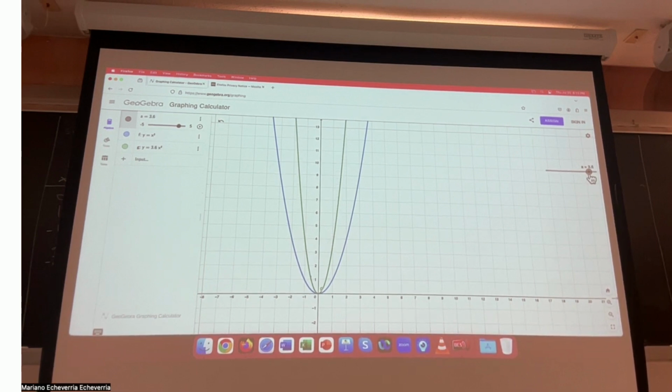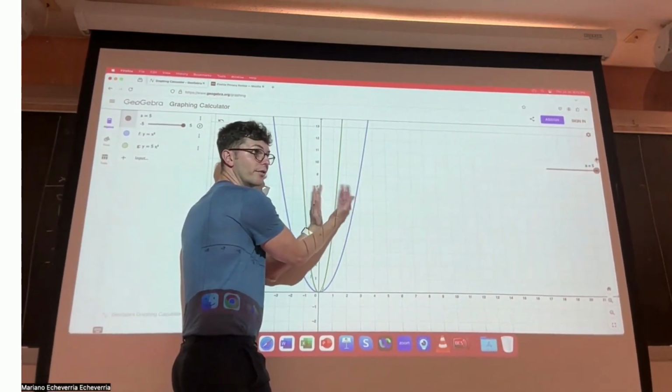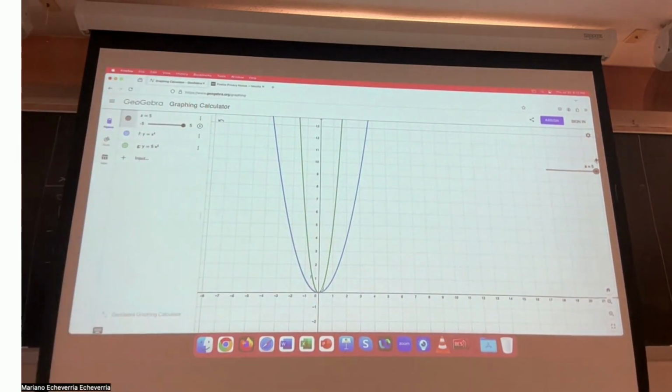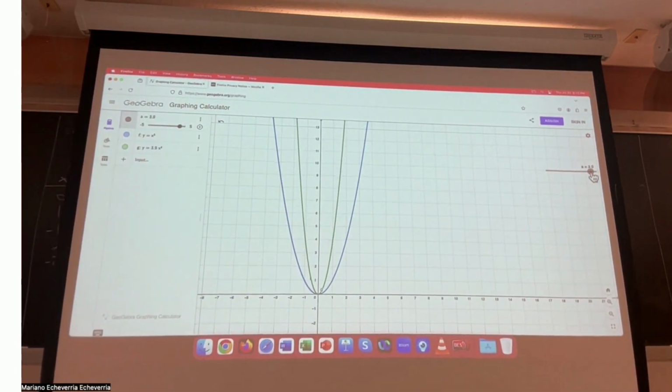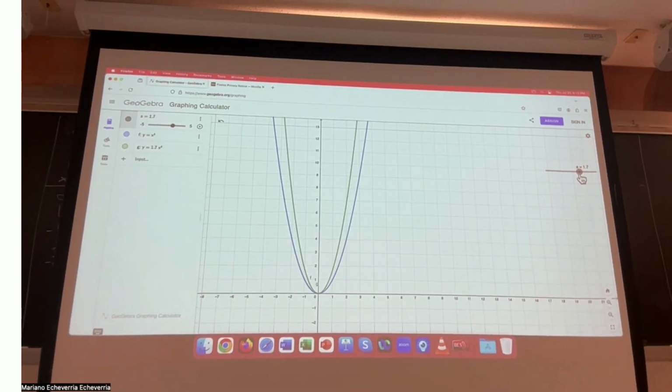So as you increase the value of a, it moves closer to the y-axis, and if you go the opposite way and start decreasing the value of a, it moves further and further away from the y-axis, right?